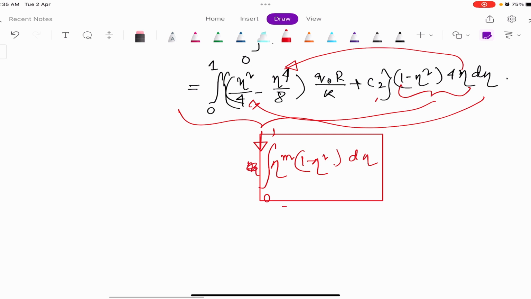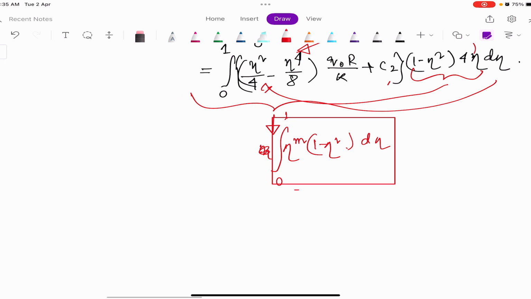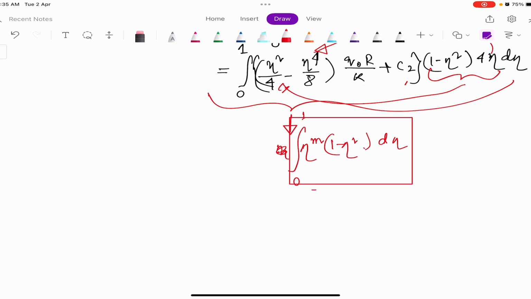So after doing that, what you will get is this C2. C2 will be equal to this minus 7 by 4 q naught r by k.